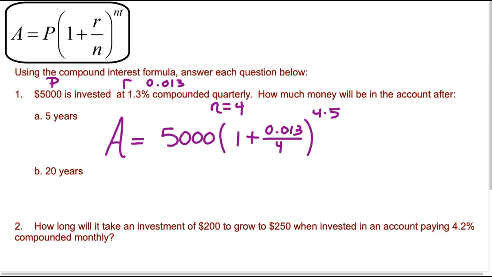It kind of makes a little more sense when we talk about a specific example. Like if we're compounding quarterly and we do that for 5 years, how many times did we calculate the interest? We did it 4 times a year for 5 years. 20, right? So there was 20 times. So after the first quarter of a year, we said, boom, here's some interest. And then after the next quarter, which is 3 months, we said, boom, here's some more interest. And we did that 20 times over 5 years.